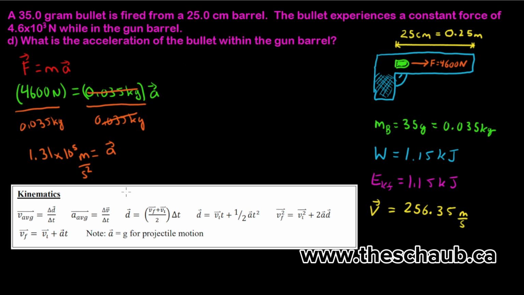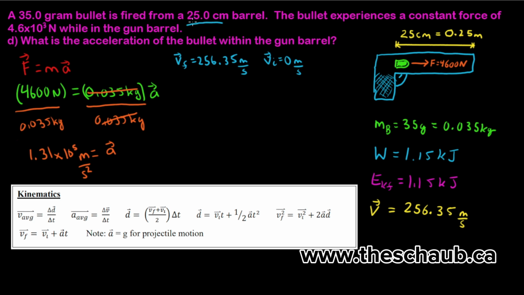We can now solve the problem using kinematics, confirming our answer using dynamics. So let's first start by listing our variables before we pick our kinematic equation. So we have the velocity that the bullet leaves the gun at, and this is our velocity final. So our velocity final is equal to 256.35 meters per second. We also have our velocity initial. Our velocity initial was equal to 0 meters per second because the bullet starts at rest. And we have the distance the bullet is accelerated for.